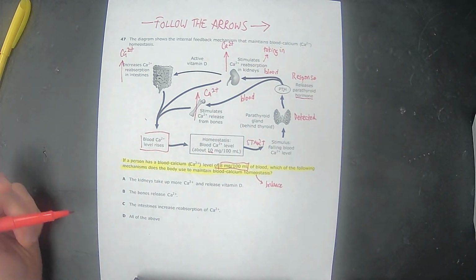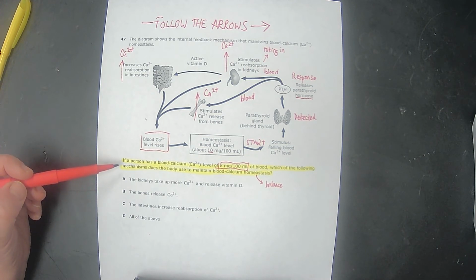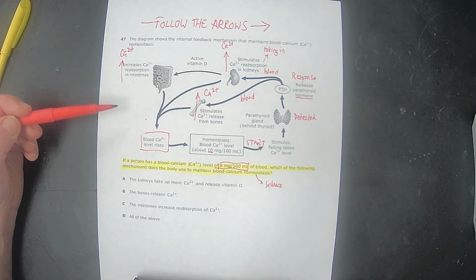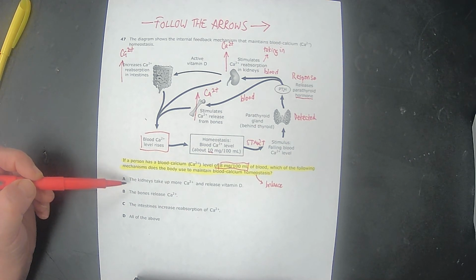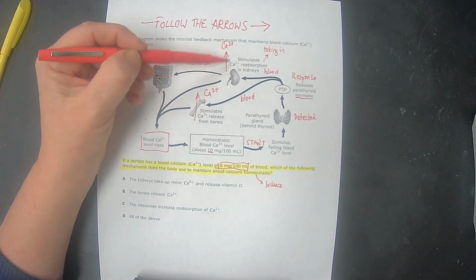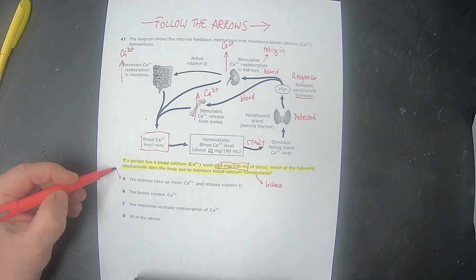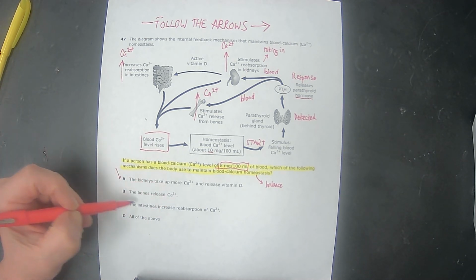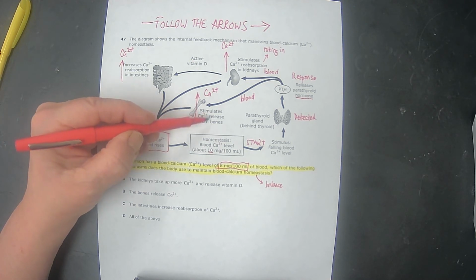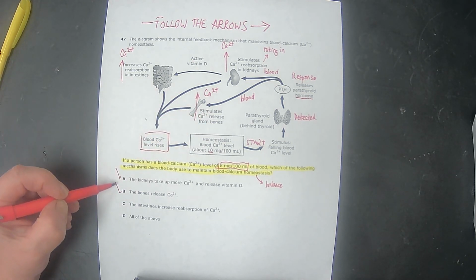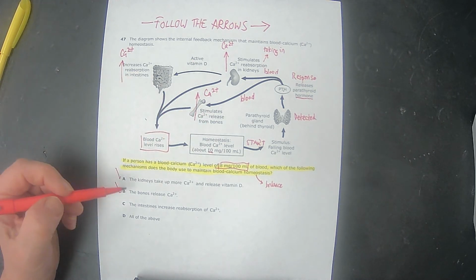So looking at the question, what would the body do if calcium levels decrease? Will the kidney take up more calcium? Yes, it does. That is correct. Do the bones release calcium? Look, Ca2+ released by bones. Yes, they do. That answer was straight there in the question.